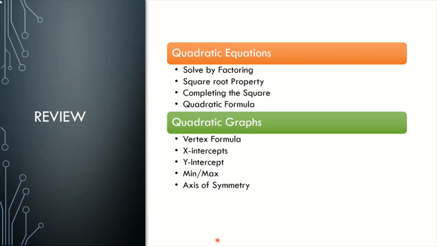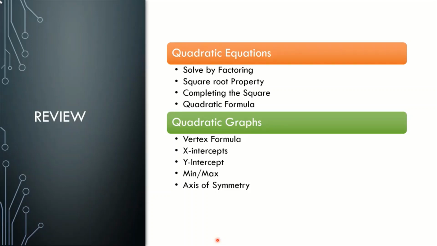Then we looked at x-intercepts with quadratic graphs, and using the discriminant, you can tell if there are no x-intercepts, one x-intercept, or two x-intercepts. Y-intercepts are very easy to find: just plug in 0 for x and solve. We also looked at min and max in reference to the leading coefficient a in front of the x squared.